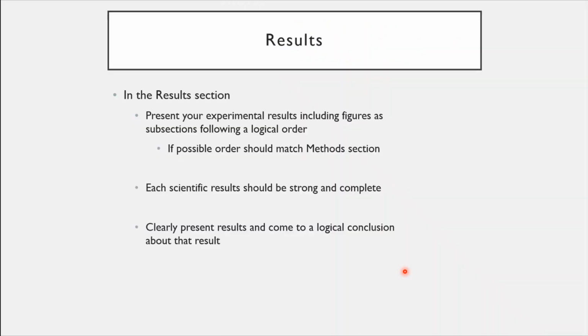So now let's go to the results section. The results section is where you present your experimental results. That includes figures that you get from doing experiments in the lab, Western blot, qPCR, or even tables or figures that you get from bioinformatic tools. One thing to keep in mind is to order the sections in your results according to the order of the methods when possible.